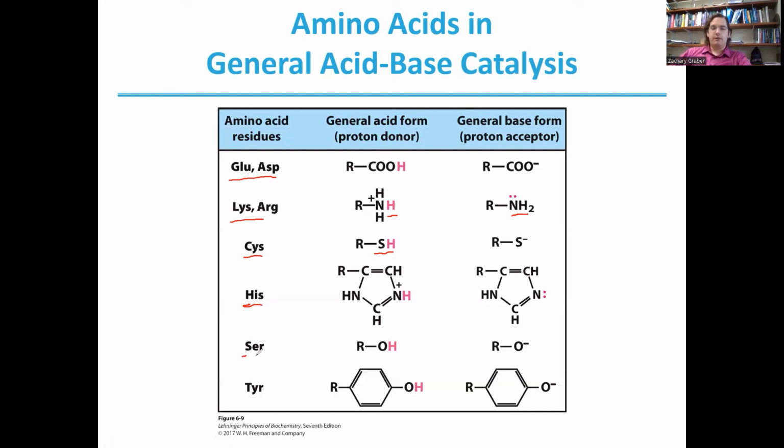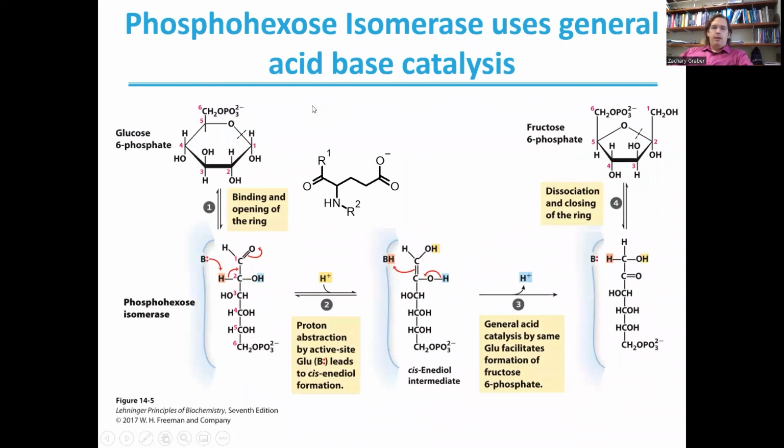We can also use our alcohol-based functional groups, so serines or threonines or tyrosines. These, of course, are a little bit harder to use because they do have much higher pKas, but we will still see them used as, again, proton donors or acceptors, depending on the scenario.